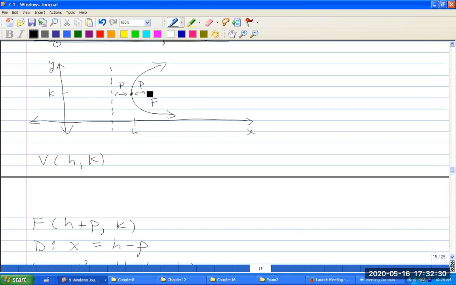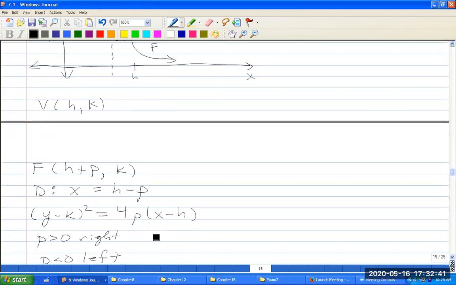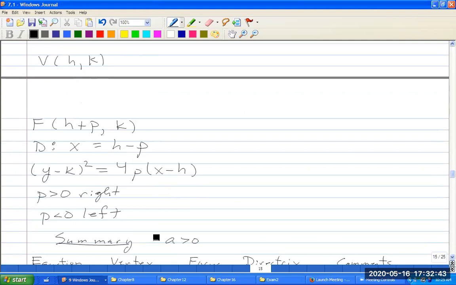The focus will be at (h plus p, k), and the directrix is x equaling h minus p. So the equation is just y minus k squared equals 4p times x minus h. If p is greater than 0, it goes to the right, less than 0, to the left.